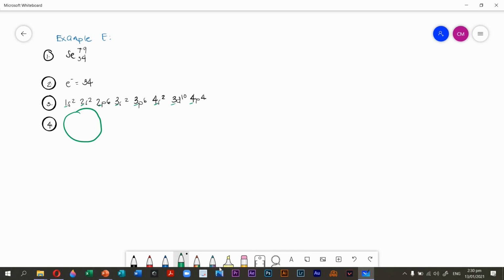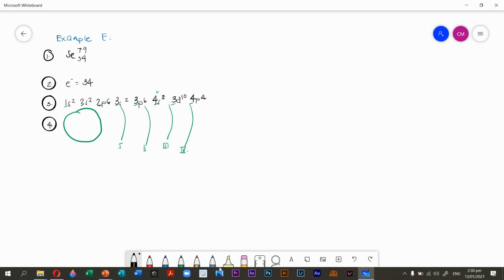Itong talong to, they're all for the third energy level. So 1, 2, 3, and 4. Ito siya, this is the highest energy level. So Roman numeral 1, 2, 3, and 4.